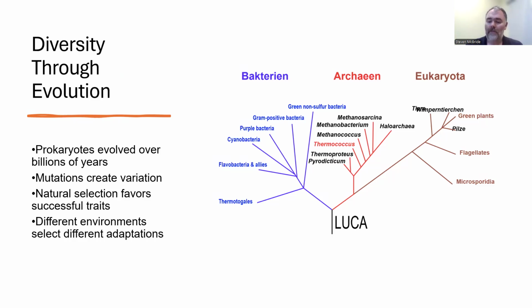For example, microbes living in hot environments experience very different challenges than microbes living in frozen soil or in the human intestine. Over enormous spans of time, this process produces tremendous biological diversity. One of the reasons microbes are so diverse is because they reproduce quickly and evolve quickly. Their populations can adapt to changing conditions much faster than many larger organisms that reproduce much more slowly.